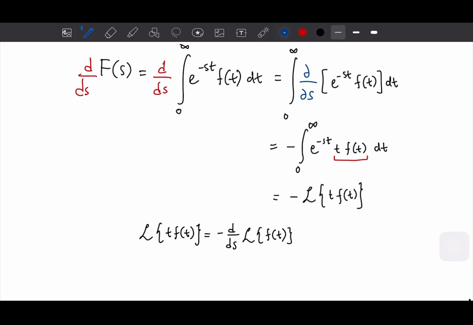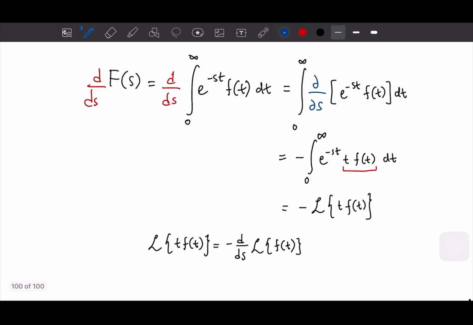Maybe to confirm this, I forgot to write here that this capital F is the Laplace of this f(t). So we take the result here and take the derivative, and we simply get this result. Whenever we take the Laplace of t f(t), it is negative d/ds of the Laplace of f(t).